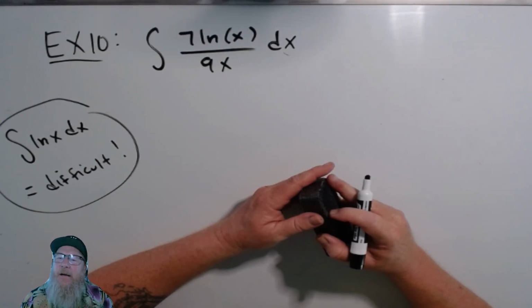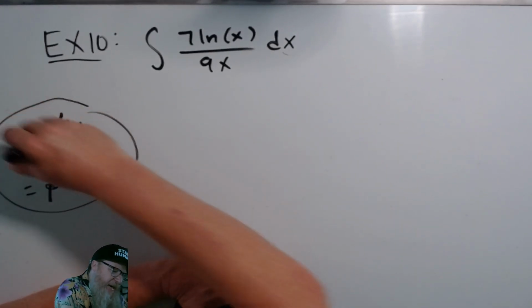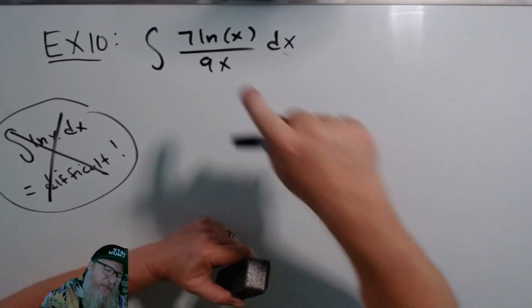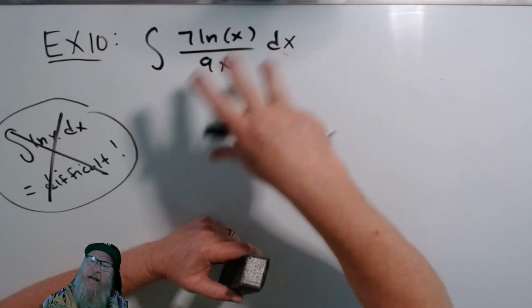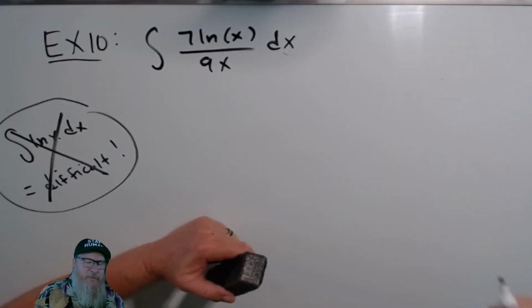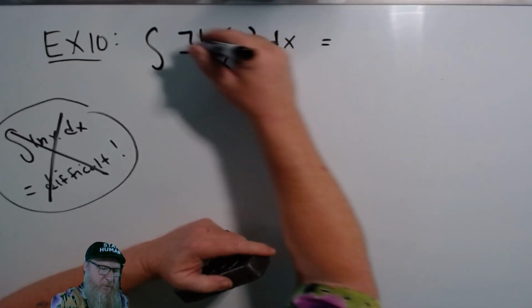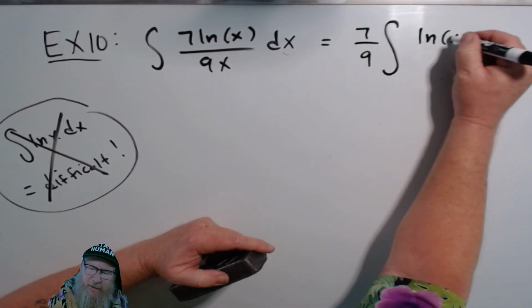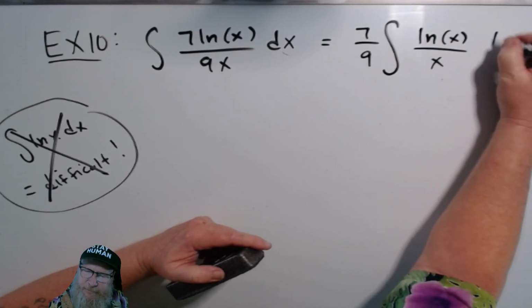And so we will not be doing this today, all right? It's beyond the scope of this lecture. But we will be doing this one because it's sort of a hybrid. It falls into this category of use substitution, right? And we're going to first remove the 7/9. And we're just going to look at this integral.